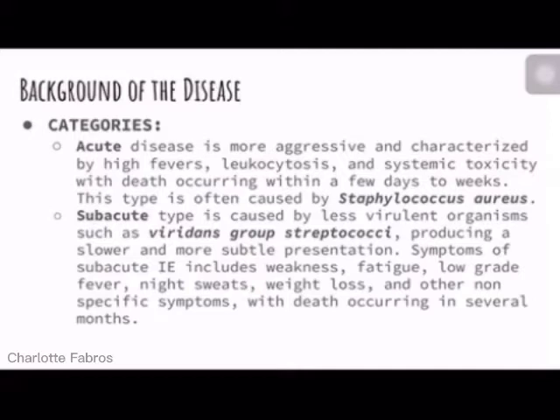The subacute type is caused by less virulent organisms such as the viridans group Streptococci, producing a slower and more subtle presentation. Symptoms of subacute infective endocarditis include weakness, fatigue, low-grade fever, night sweats, weight loss, and other non-specific symptoms, with death occurring in several months.